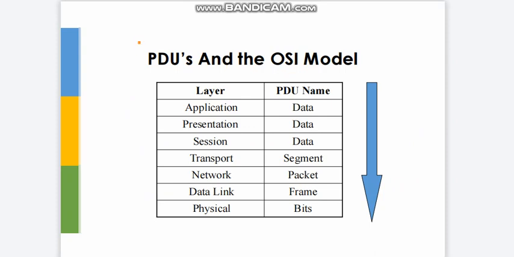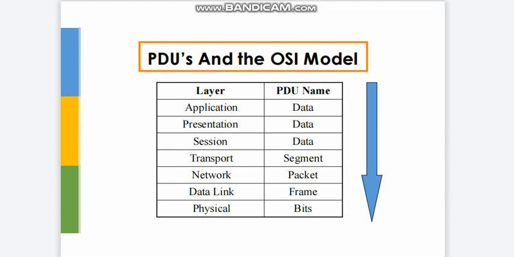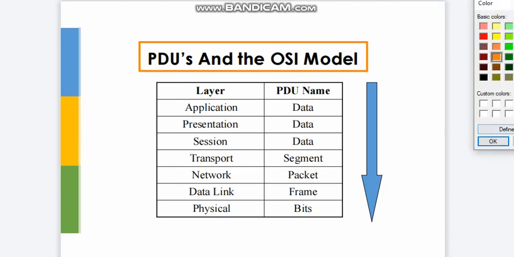PDUs in the OSI model: application layer, PDU name data; presentation layer, PDU name data; session, PDU name data; transport, segment; network, packet; data link, frame; physical, PDU name is bit.